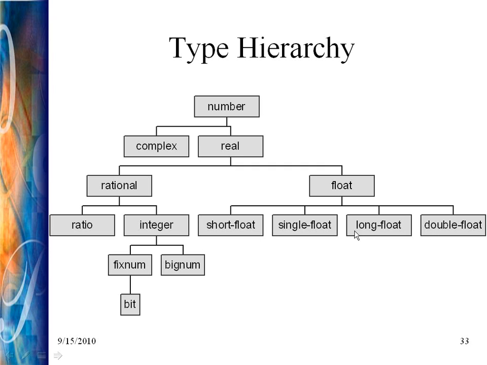Long float and double float are the same, represented in 2 words in memory. So 64 bits on a 32-bit machine, or 128 bits on a 64-bit machine. The short floats and single floats, long floats and double floats are represented in Lisp the same way they're done in other programming languages like C, etc.